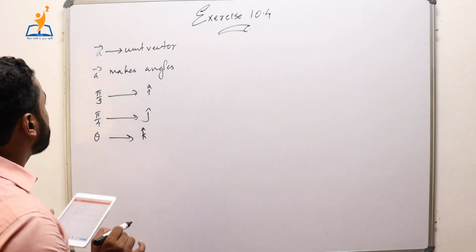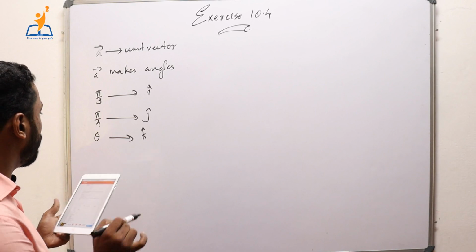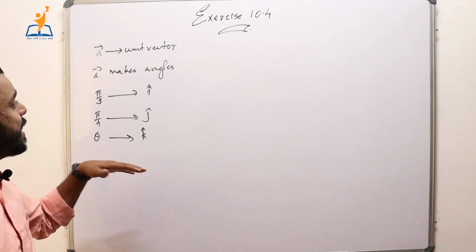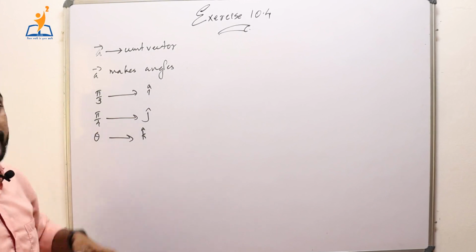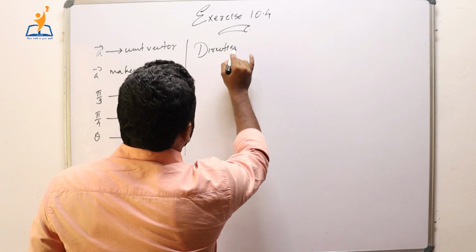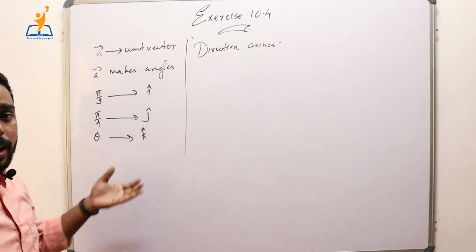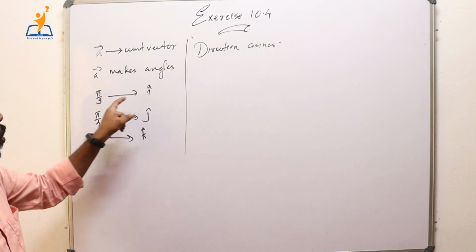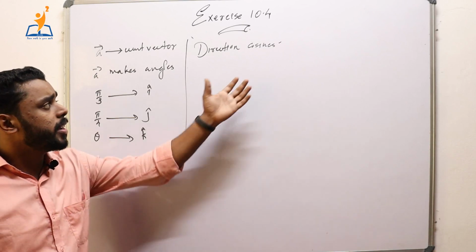So we have this situation and we have to find theta and hence the components of A. So this problem can easily be solved by, see here, നമുക്ക് തന്നിരിക്കുന്നത് pi by 3 with i cap, pi by 4 with j cap, theta with k cap എന്നൊക്കെയാണ്. So we can easily use the concept of direction cosines. See how easily we are reaching a conclusion like this just by listing all the given conditions into your sheets. ആംഗിൾസ് ഓരോ യൂണിറ്റ് വെക്ടേഴ്സിനും കറസ്പോണ്ടിങ് ആയിട്ടുള്ളതാണ്, so it will definitely be related to direction cosines.